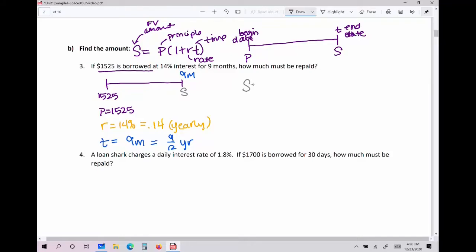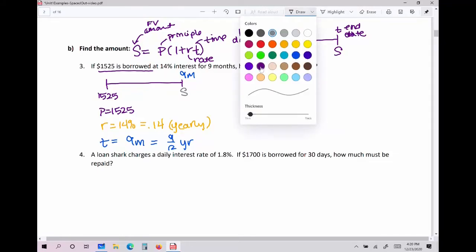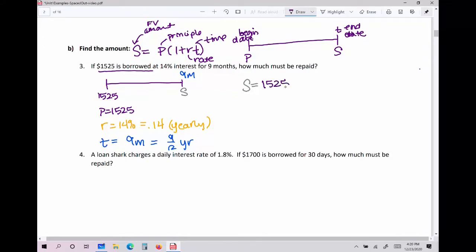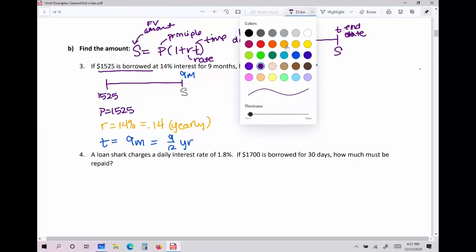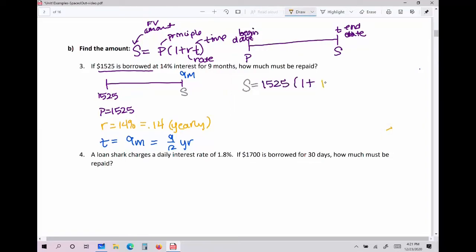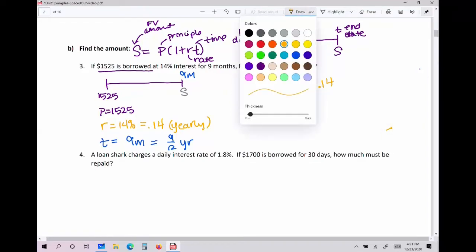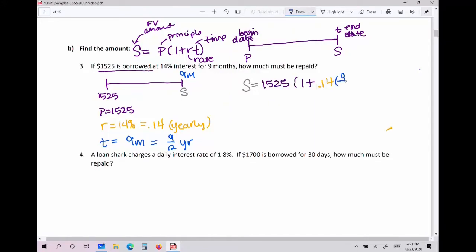So we're going to get S equals our P, 1525 times 1 plus our R, 0.14 times T, 9/12. When you plug this in a calculator, you want to make sure that you're using those parentheses.